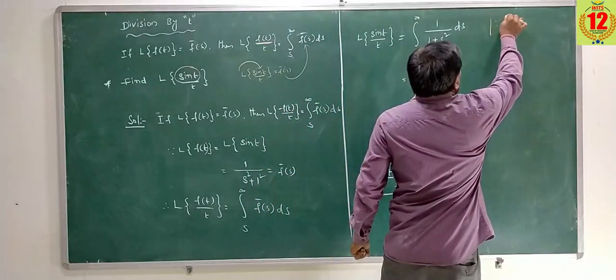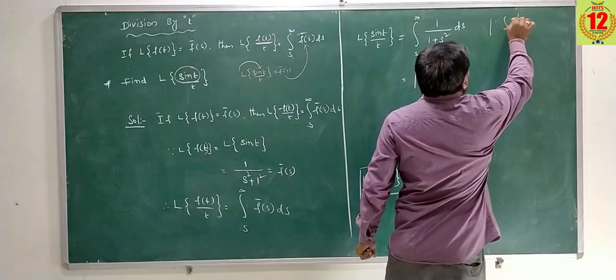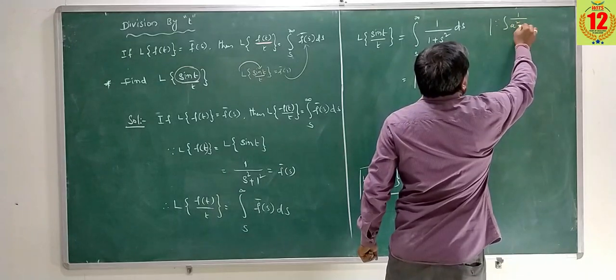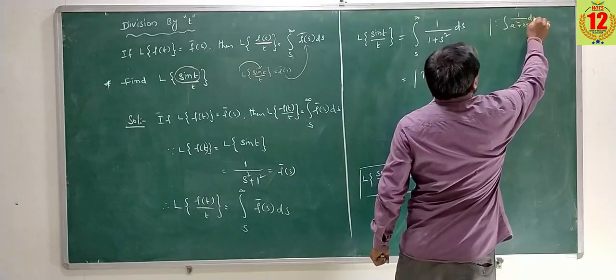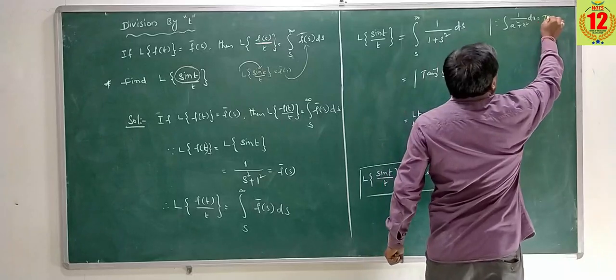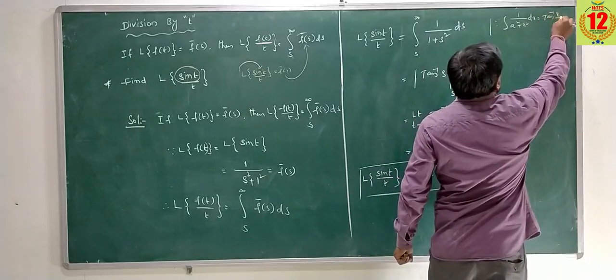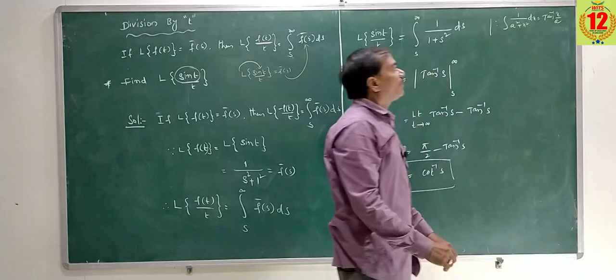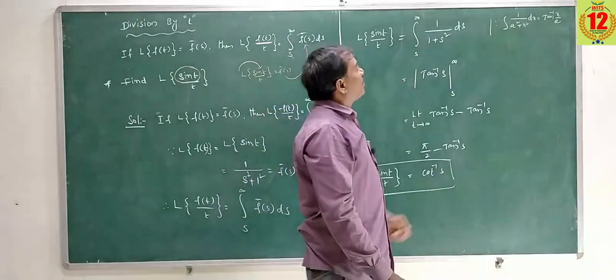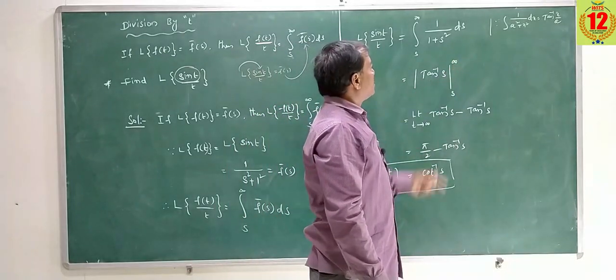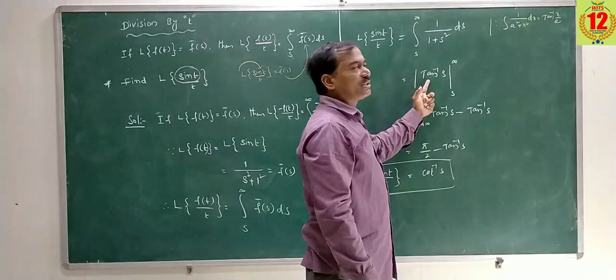We know one of the formulas: the integral of 1 by a square plus x square dx equals tan inverse of x by a.